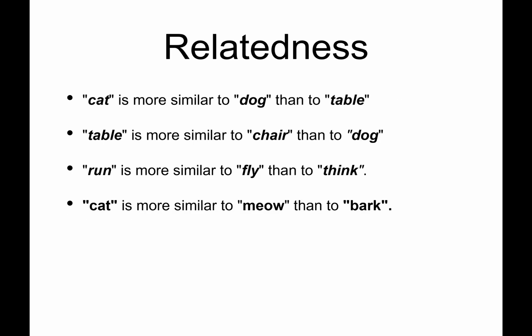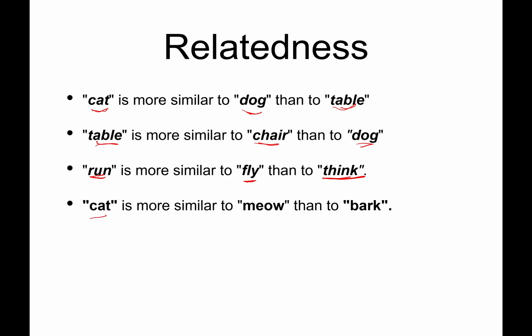In the same way, we can say that, for example, cat is more similar to dog than it is to table. And table, in turn, is more similar to chair than it is to dog. All right, we can complicate things a little bit more and say that run and fly are two pretty different actions, but they are more similar to each other than they are to think, which doesn't involve any movements or a spatial direction or anything like that.